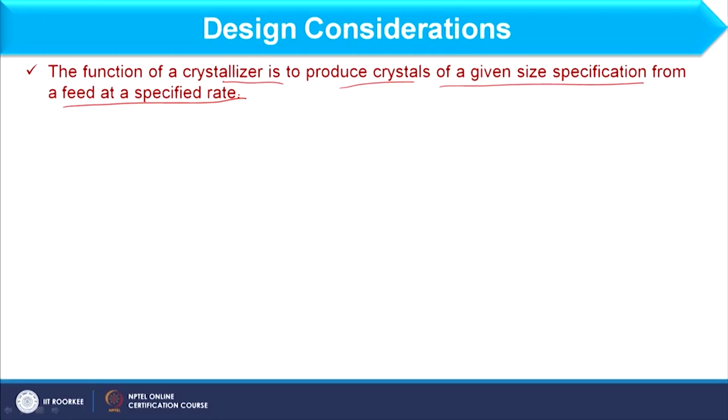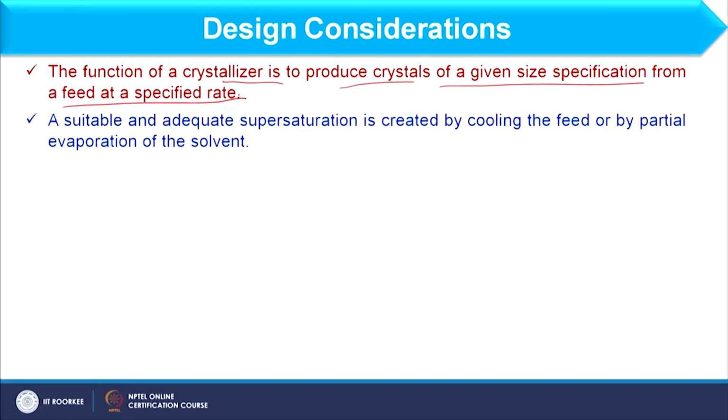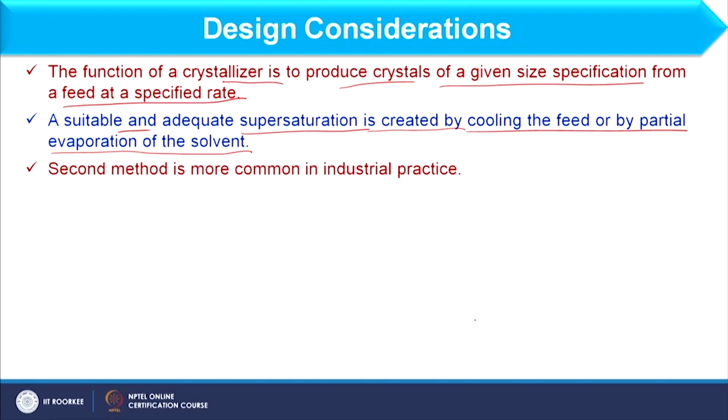We have to specify all that when we start the design of a crystallizer. Further, adequate supersaturation is created by cooling the feed or by partial evaporation of the solvent. We have to ensure that, and the second method is more common in industrial practice. Second method means partial evaporation, as we have also discussed in the last slide.